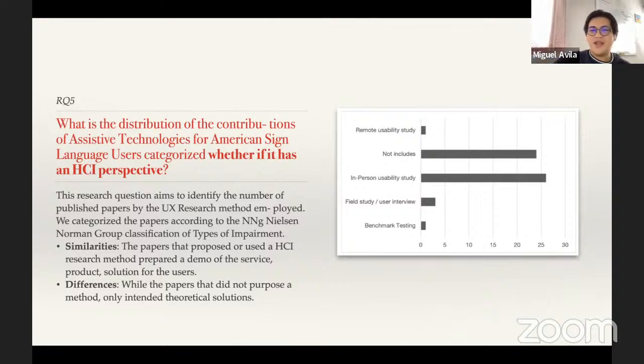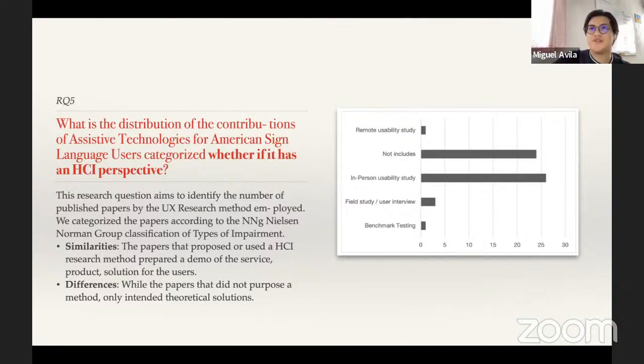Well, basically the main similarity is that if they use an HCI research method, they prepare a demo of the service, of the product, of the solution. So basically, if we know they have an HCI perspective or HCI research method, we know they prepare some kind of demo, some kind of questionnaire for the users.